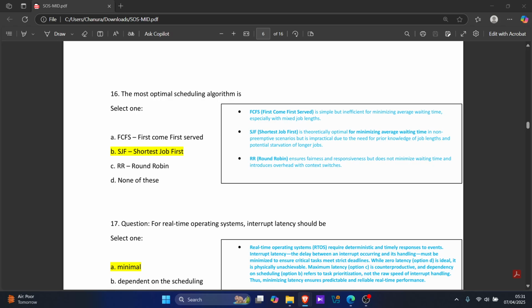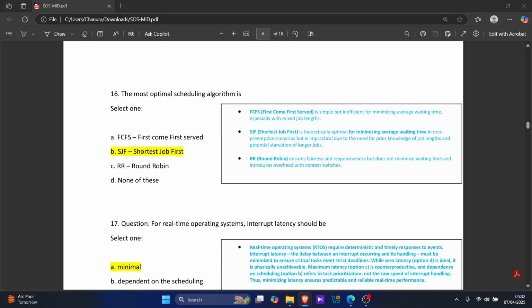Wait, the options given are FCFS, SJF, RR, or none. If the question is considering preemptive vs non-preemptive, then SRTF isn't listed. But the options just say SJF. In non-preemptive cases, SJF is optimal for average waiting time. However, in preemptive scenarios, SRTF is better.